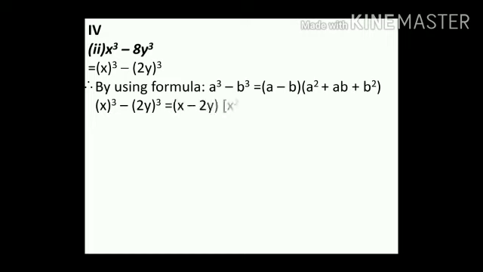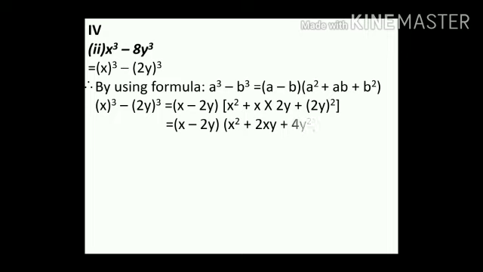X whole bracket raised to cube minus 2y whole bracket raised to cube equal to x minus 2y in another bracket x square plus x into 2y plus 2y whole bracket raised to square equal to x minus 2y in another bracket x square plus x into 2y we get children here 2xy. 2 square is what? 4. Y square is y square. So 4y square.